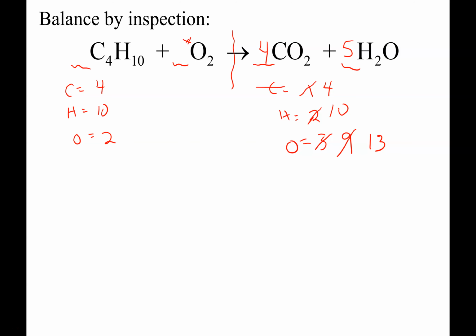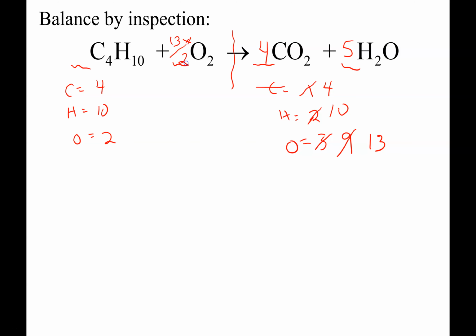I'm going to go with 13 halves O2 molecules. I need 13, and if I break them in half, and I take 13 of those halves, that gets me there. You'd be like, is that legit? And yeah, it is. It's kind of cheating.